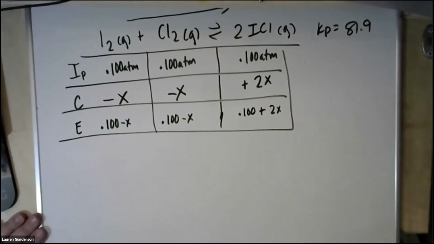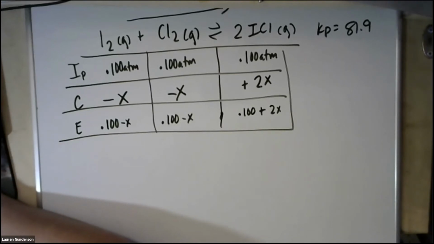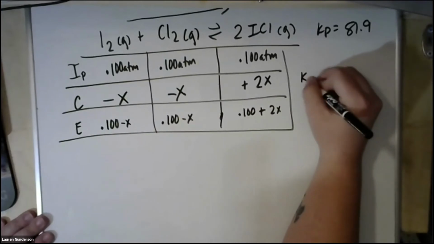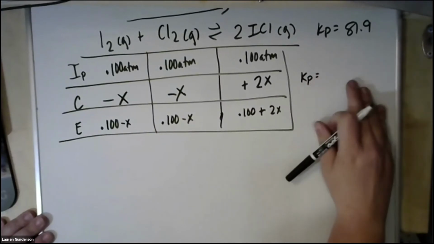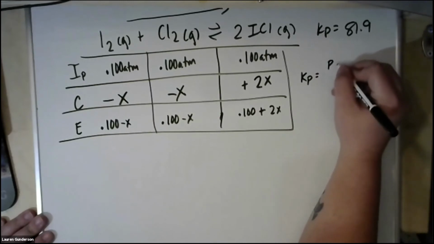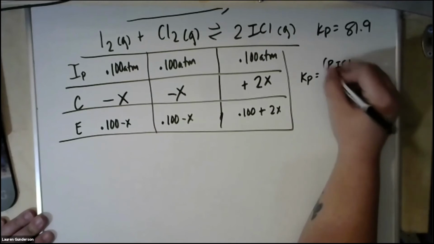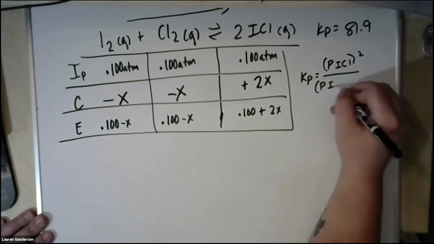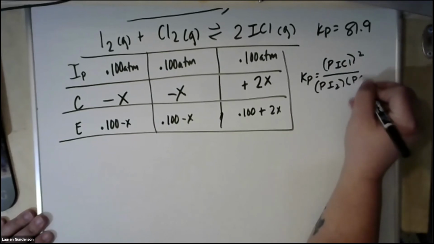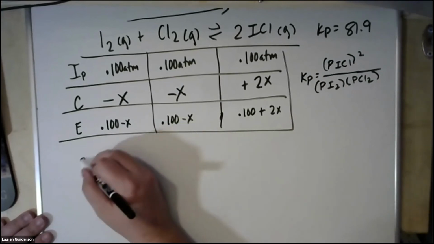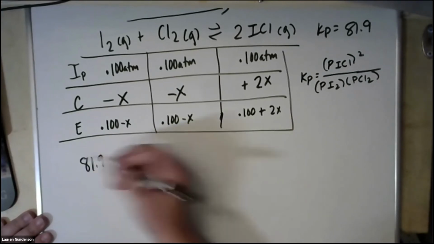And now we will use our KP expression, just like we were looking at before. We can write the formula version of it out over here. So KP is going to be the pressure of ICl squared over the pressure of I2 times the pressure of Cl2. Okay, so our KP is 81.9.